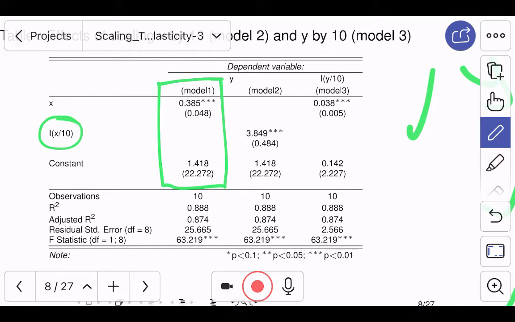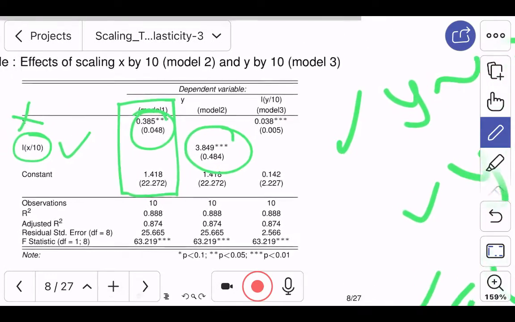What happens when you, instead of using x, you use this one? Well, your slope term becomes a new slope term that's scaled up by 10. So instead of having 0.385, you have 3.849. Well, that's 3.85, 10 times bigger. So that's what the scaling of the x variable does.